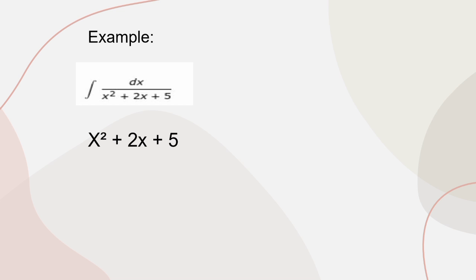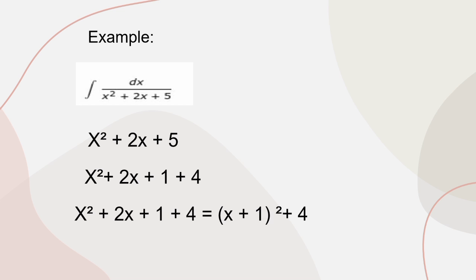So, we start with x squared plus 2x. The 5 we will replace with 1 and 4 in the quadratic expression. So, plus 1 plus 4. Here we express that 5 as 1 plus 4. We see that we can group and factor the first 3 terms.